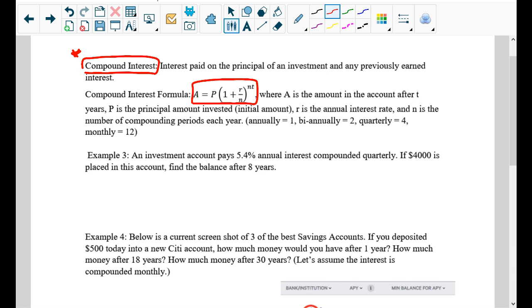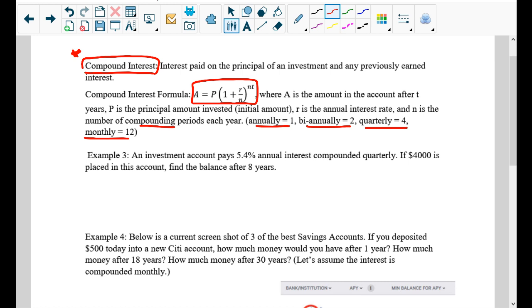The amount equals the principal, which is the initial amount, times, and it's very similar to our growth formula, 1 plus R, the rate, divided by N. N is how many times it's being compounded. You can see these compounding here. Annually is just once, biannually is twice, quarterly 4 times a year, monthly 12 times a year. And then that compounding period times the amount of time, years.